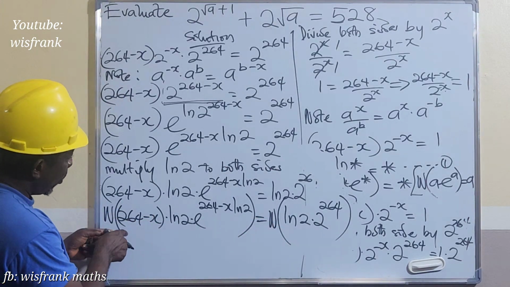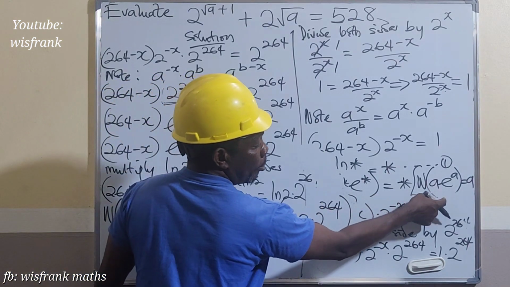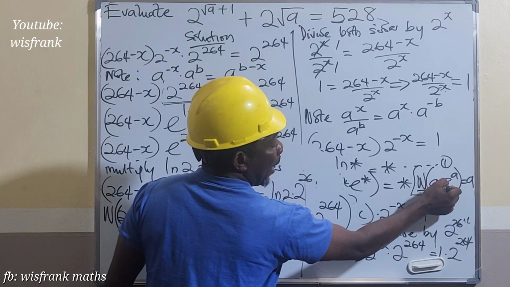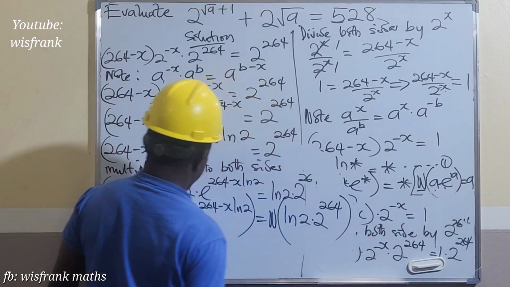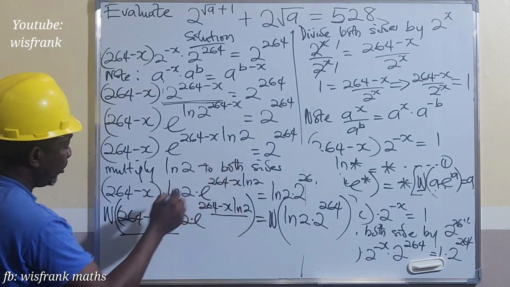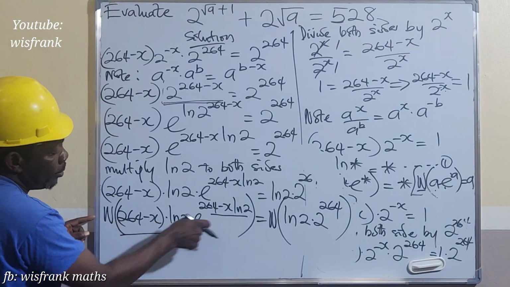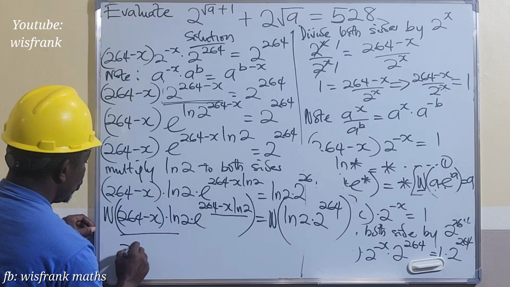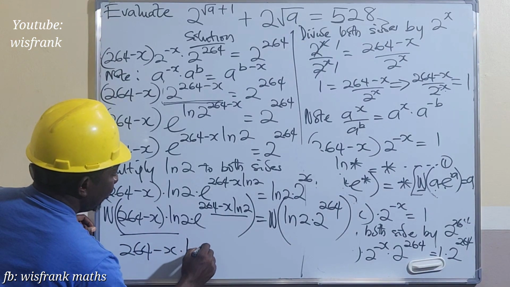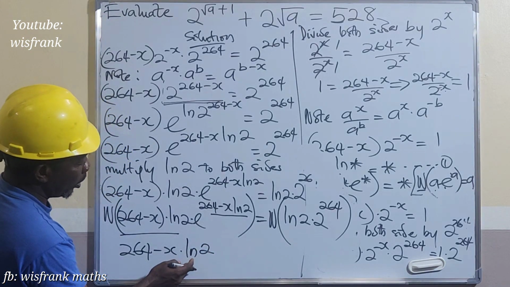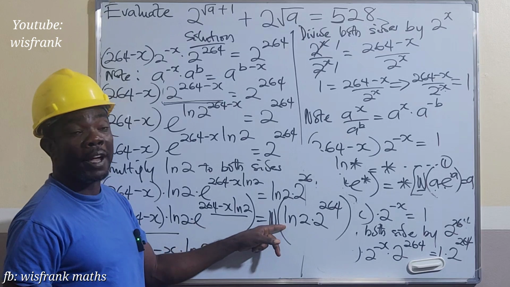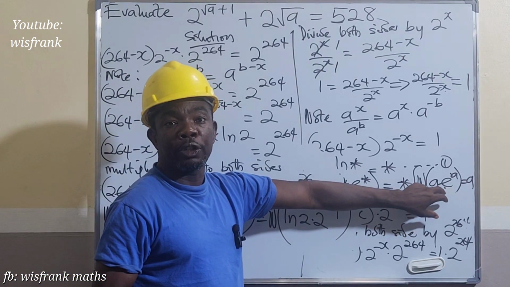So now, as we said, we need to bring in this solution. When we apply the Lambert W function of a times e to the power of a, it will give us a. So what we have here is the same thing as what we have here. Then that means the Lambert W function of this parenthesis will become (264 − x) times ln 2, equals, this side still remains because it does not satisfy the rules of Lambert W function application.